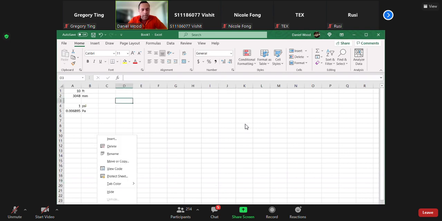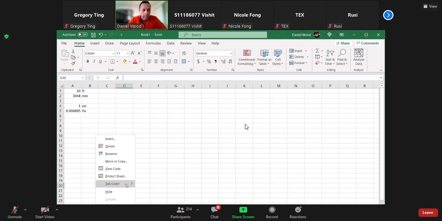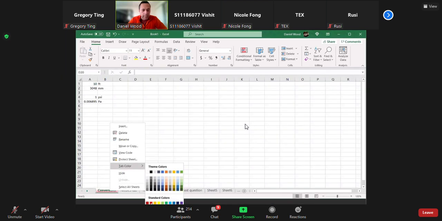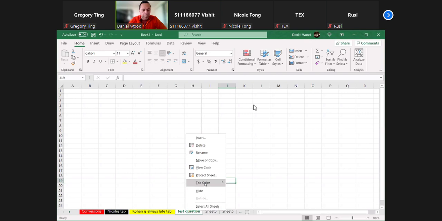You can also right click, and I think you can add a color to it. I always love putting colors into my Excel spreadsheets, just to highlight the different colors that you can have, and it highlights the tab for specific purposes.